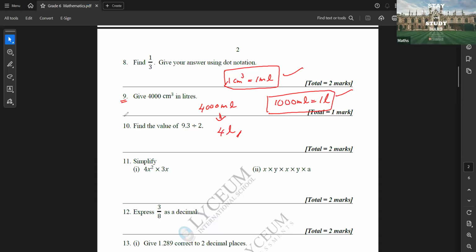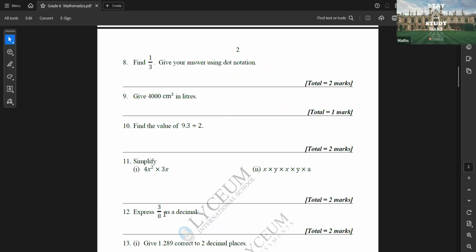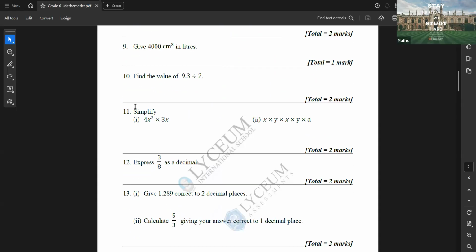Question number 10. Find the value of 9.3 divided by 2. So 9.3 you have to divide by 2. For 9, 2 times 4 is 8, remainder 1, and we keep the decimal point.